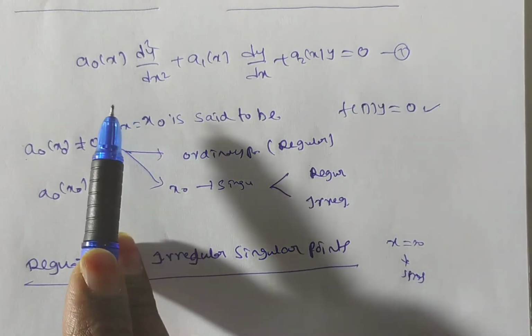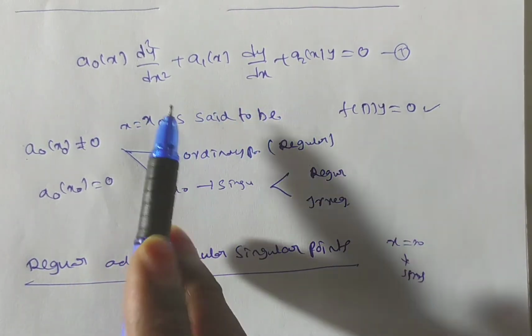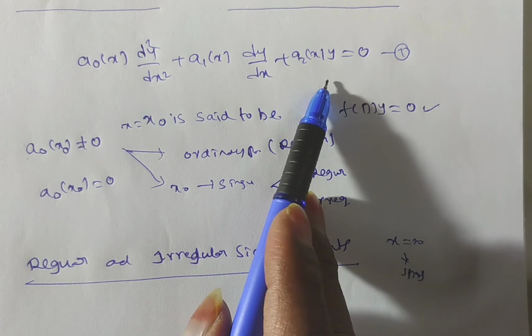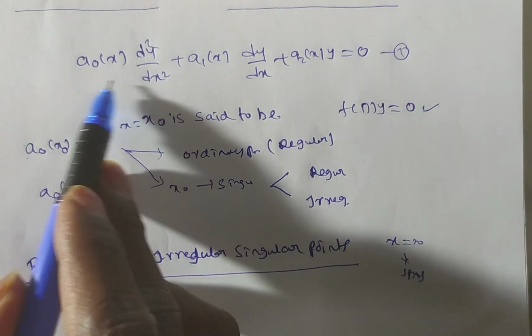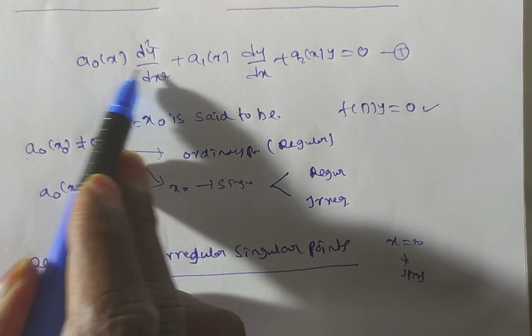See, we have to compare the given differential equation with this. What is the coefficient of y double dash? It is a0(x).